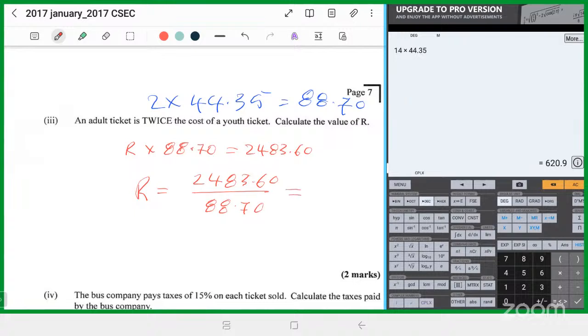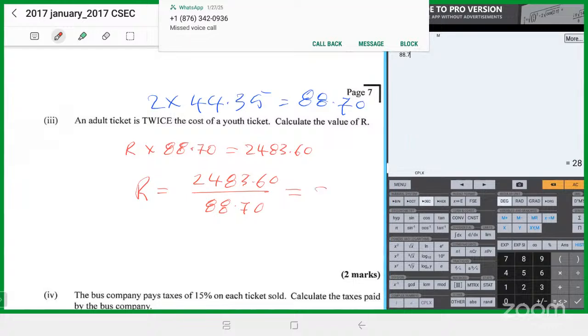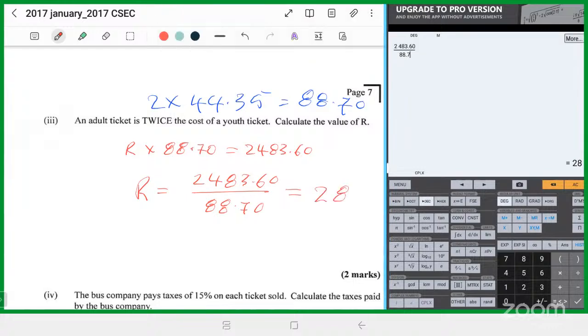That will give us the value of R. So that is 2483.60 divided by 88.7. That's 28. So R equals 28. I'm not putting any decimal on that because that is just a number of tickets. All right, so that's what we have.